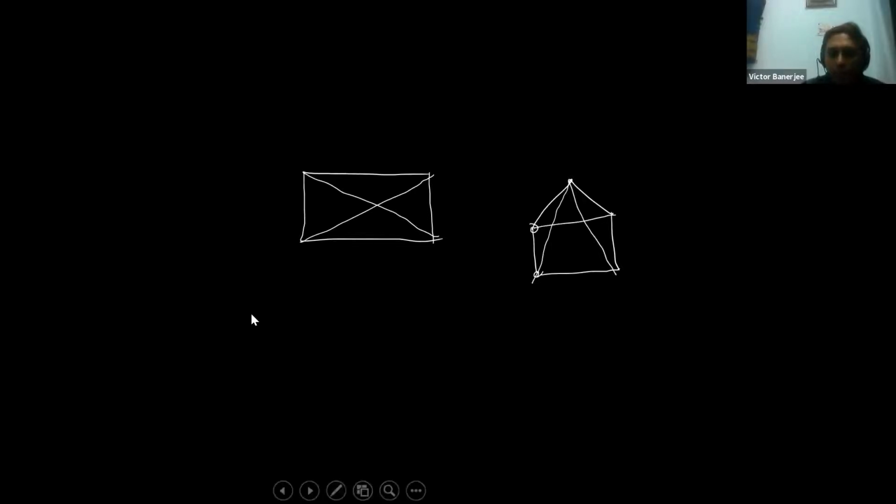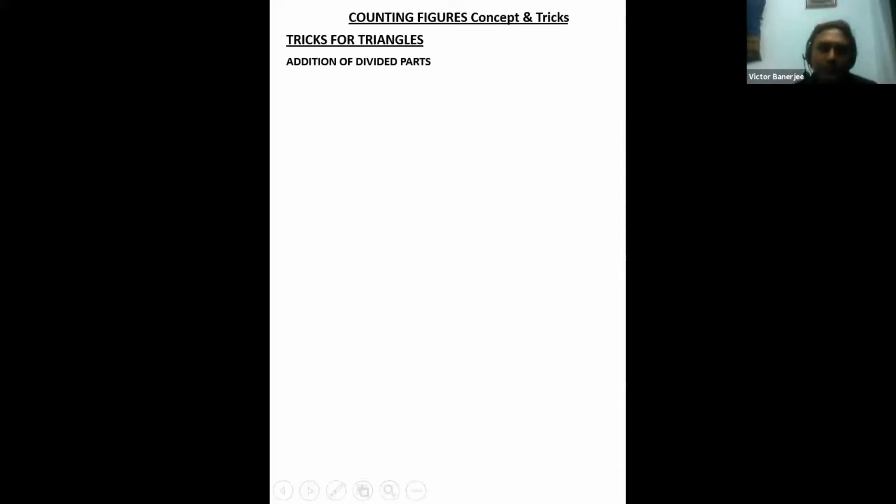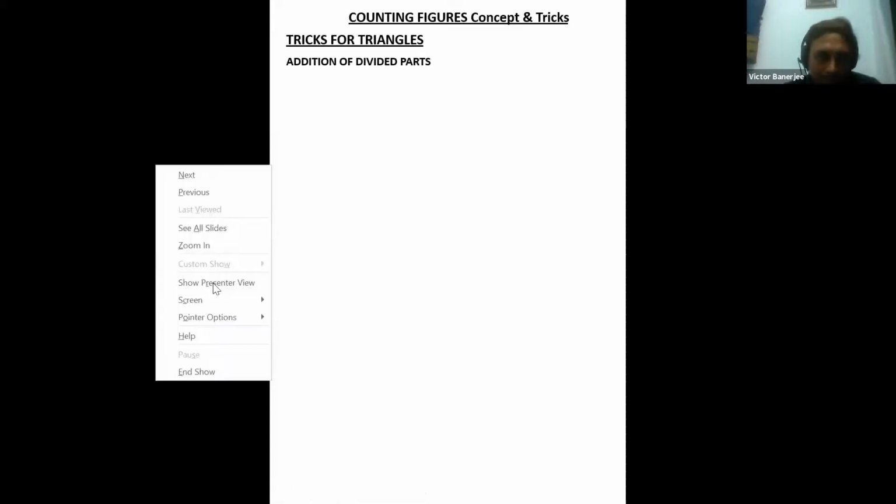So how to calculate the number of diagonals? We'll be calculating the number of diagonals for a figure. You note it down, number of diagonals. Whenever we get this kind of question, counting figures or lines, we'll break the complicated figure into small parts.